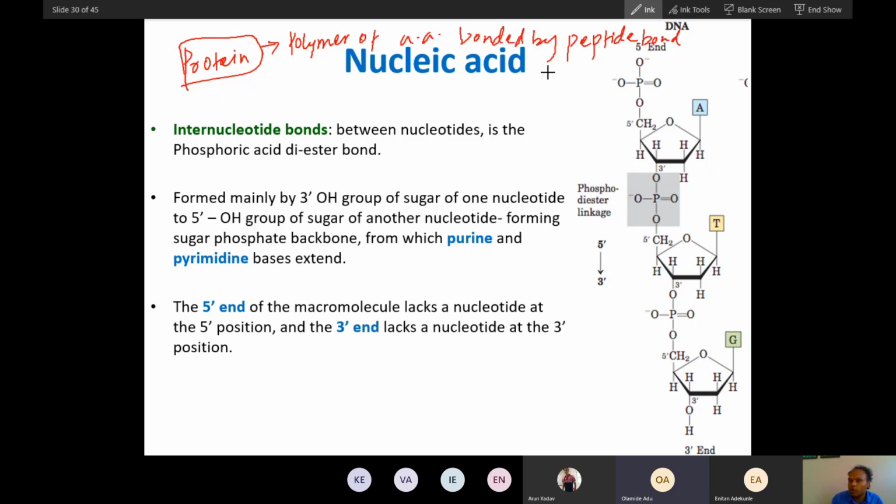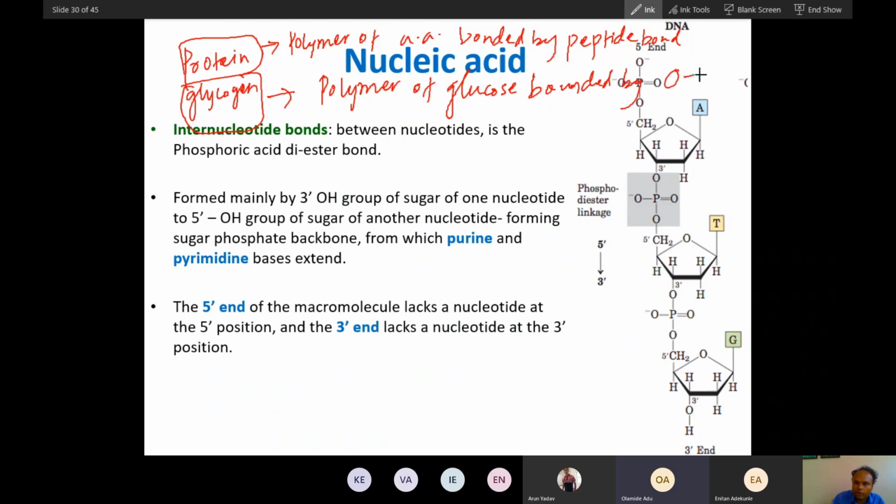Okay, so I am giving you the definition for all polymers. If you see glycogen, what is glycogen? A polymer of glucose, bound by? O-glycosidic bond.